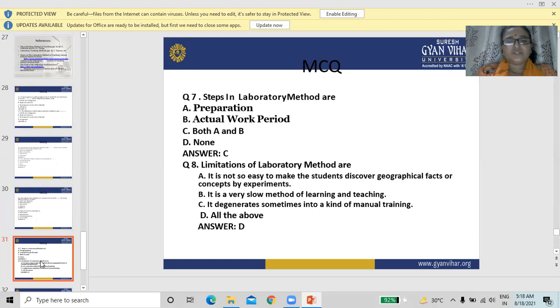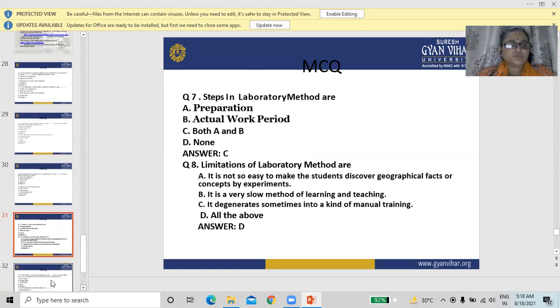Next, option C is, it degenerates sometimes into a kind of manual training. Option D, all the above. The correct answer is all the above. It means option A, option B, and option C are all limitations of the laboratory method.